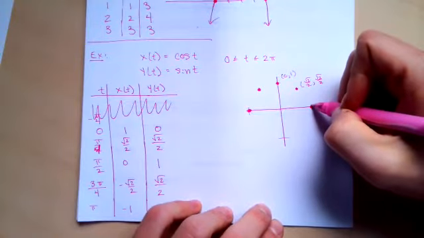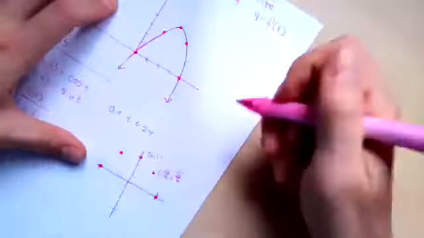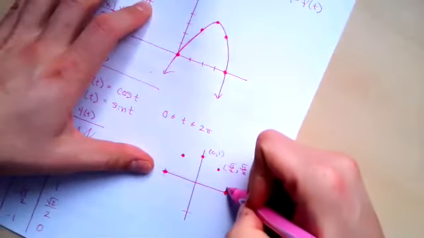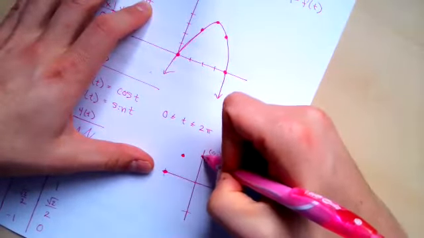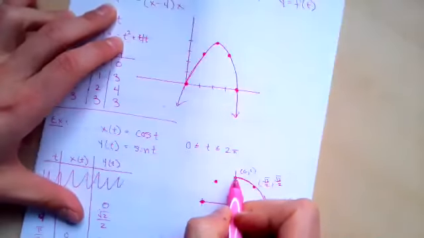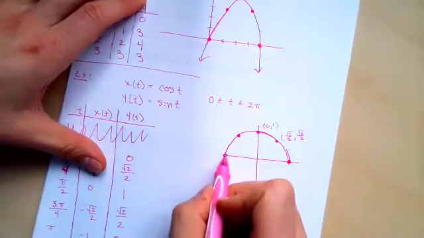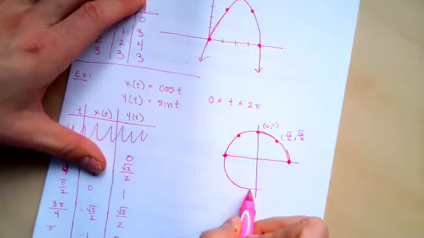This gives us a circle. Let me try to draw it here. And if we were to keep adding points, it would go around.